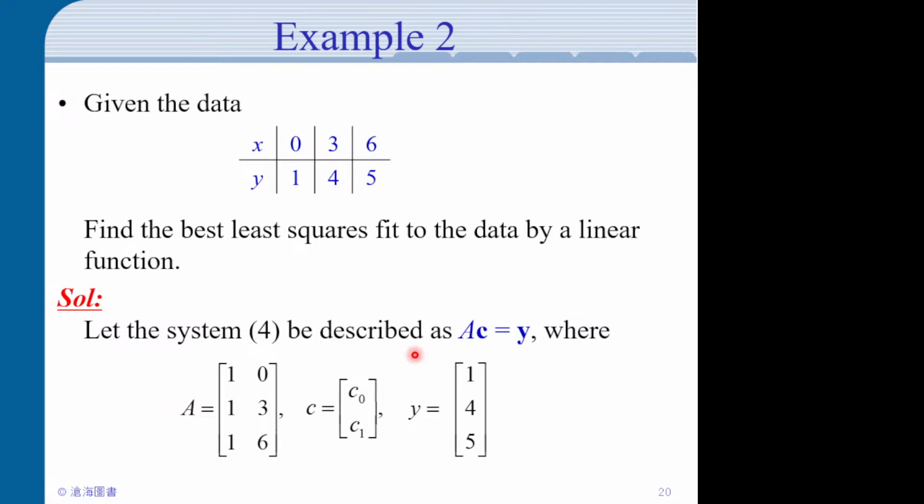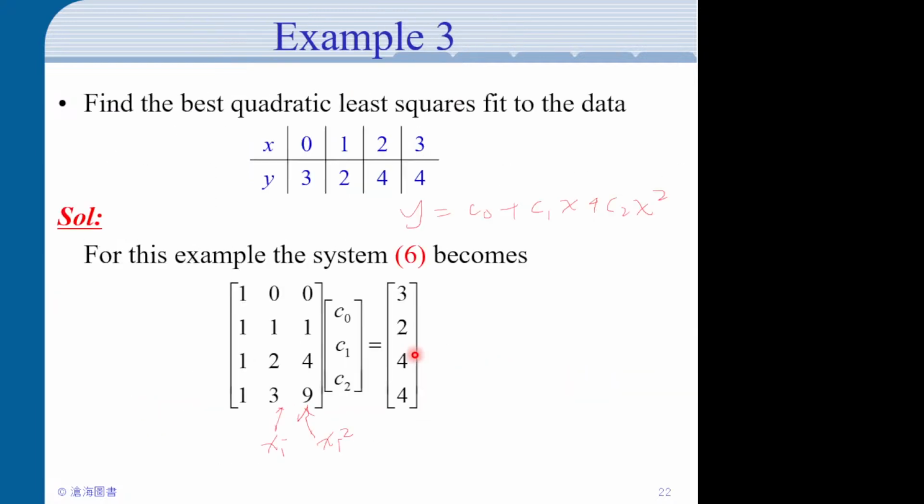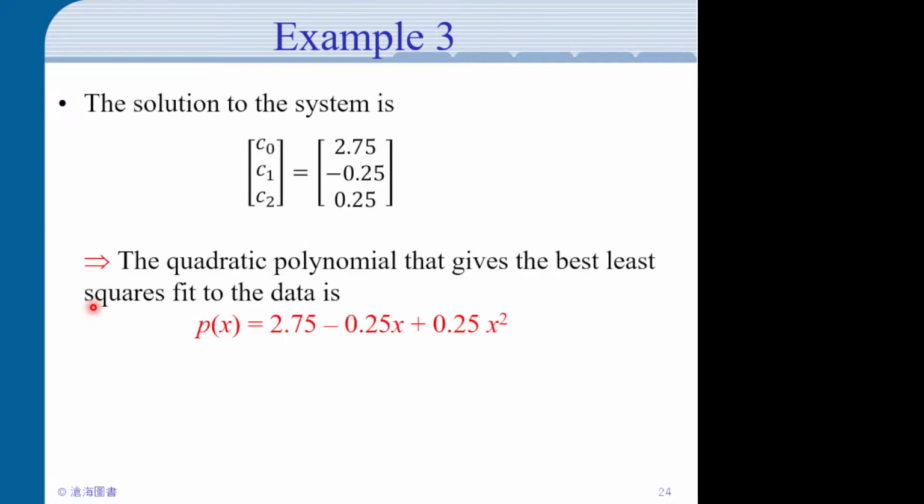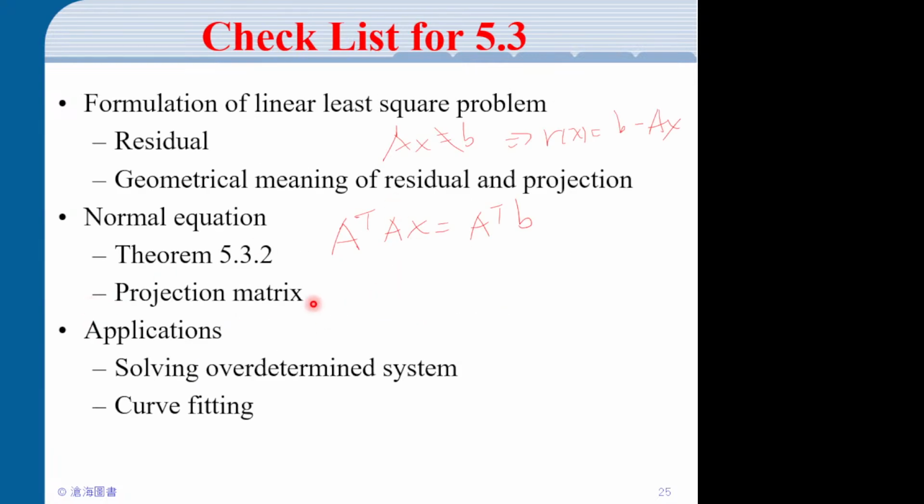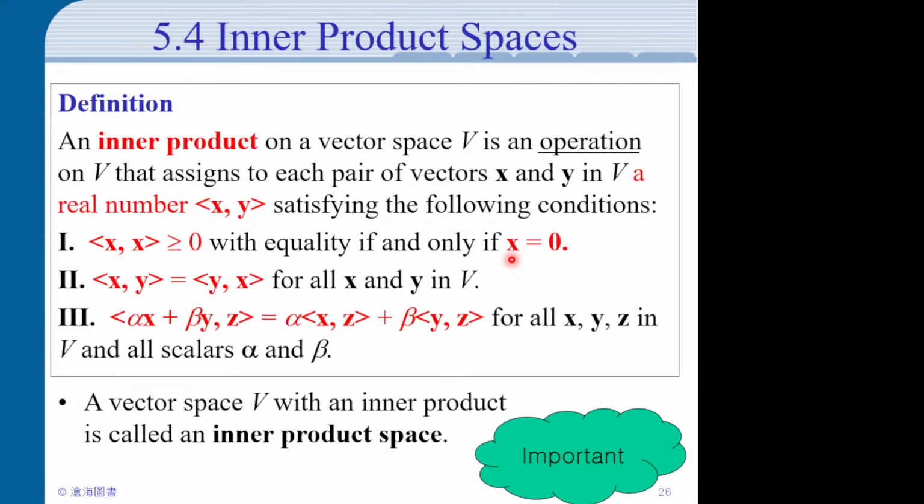Okay, so this is a quadratic equation example. But the bottom line is you want to solve A transpose A x equal to A transpose b. Okay, so that's a quick review, and then let's go back to more mathematical things.